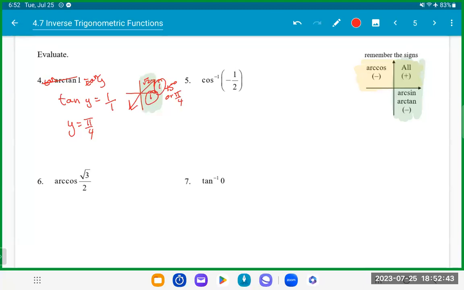And because I know those two special triangles, I know that I have 1, 1, square root of 2. So that's a 45-degree angle. And then my other special triangle is the 30-60. The 30 gets the square root of 3 because the 3's go together. And so this is a 1 and this is a 2. So I don't actually have the unit circle memorized. I really just rely on these two triangles.